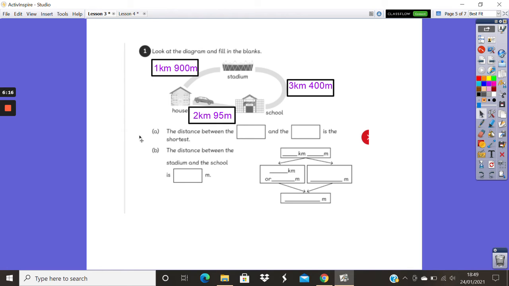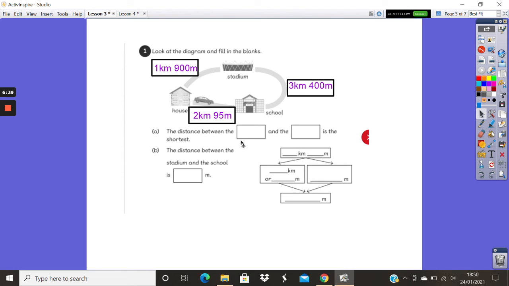Okay, in your workbook you will have an activity that looks a little bit like this. So you've got to look at the diagram and fill in the blanks. So you need to find the distance between the two places that is the shortest. Now to find the shortest distance, we're going to look at the kilometres first. So looking at the kilometres, we can see that 1 kilometre at the moment is the shortest.